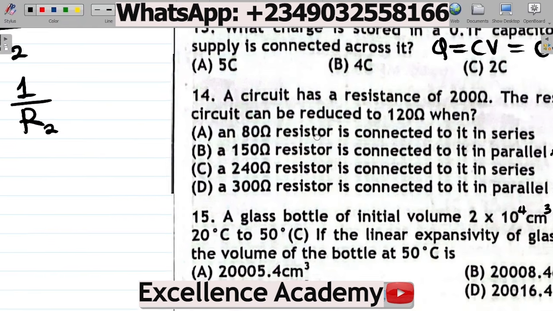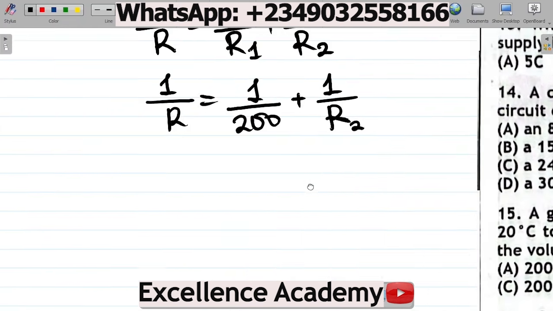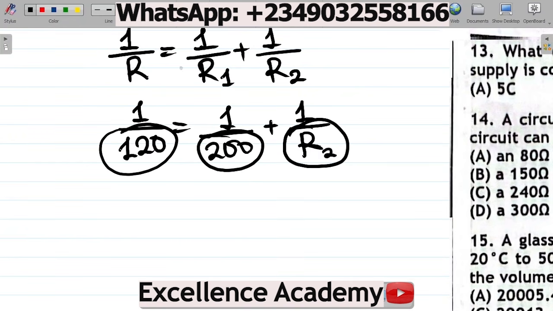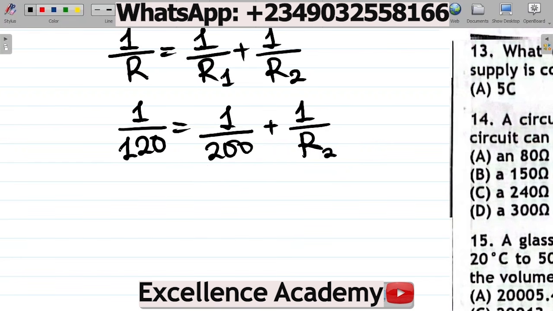All right. They said to reduce it to 120, it means the equivalent here, R, will be 120. So what resistor value should I combine with 200 to make it 120? That's the concept there.